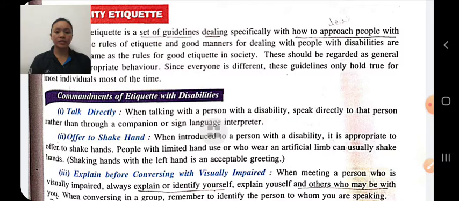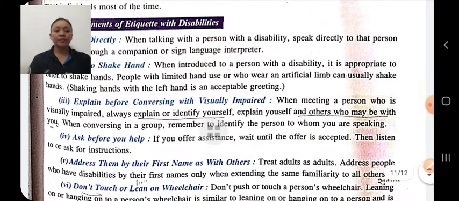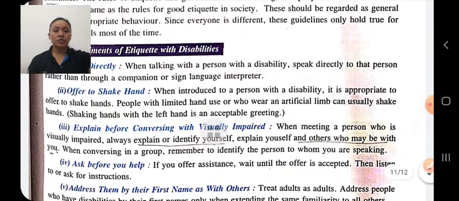Offer to shake hands. When introduced to a person with disability, it is appropriate to offer to shake hands.